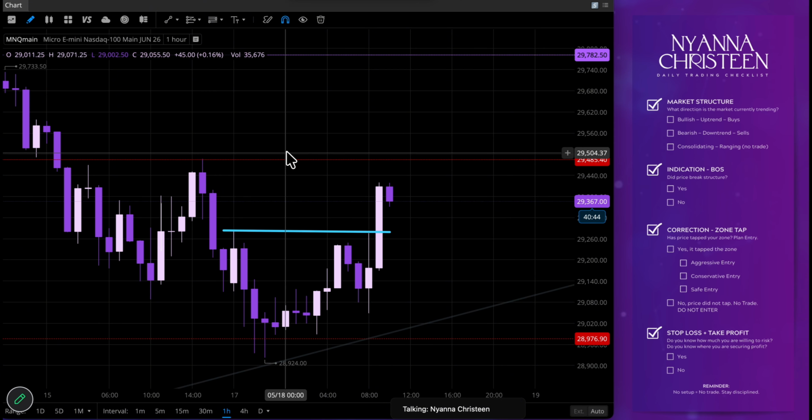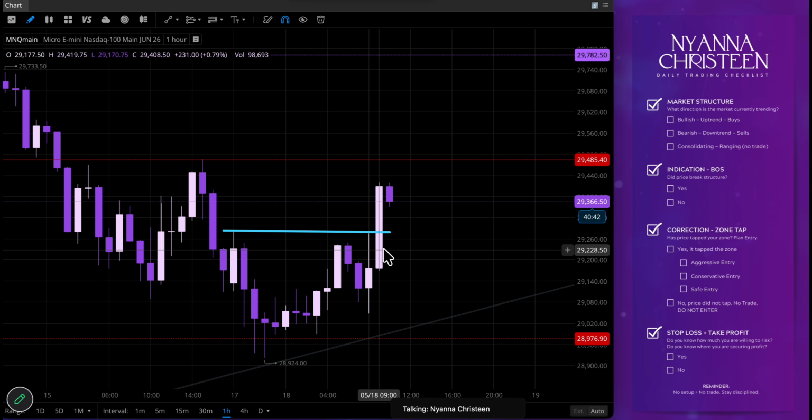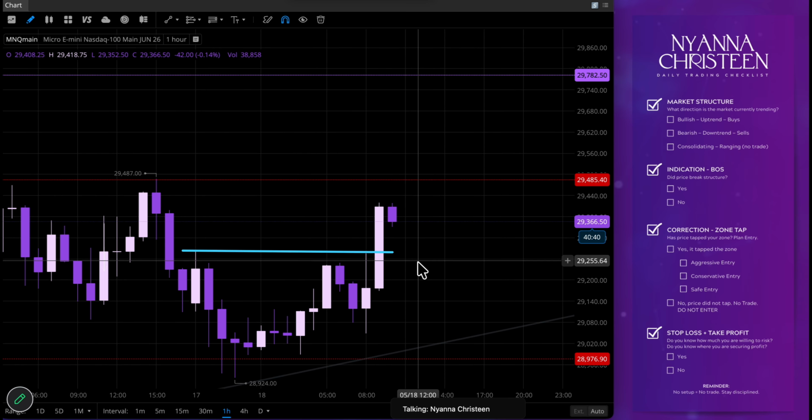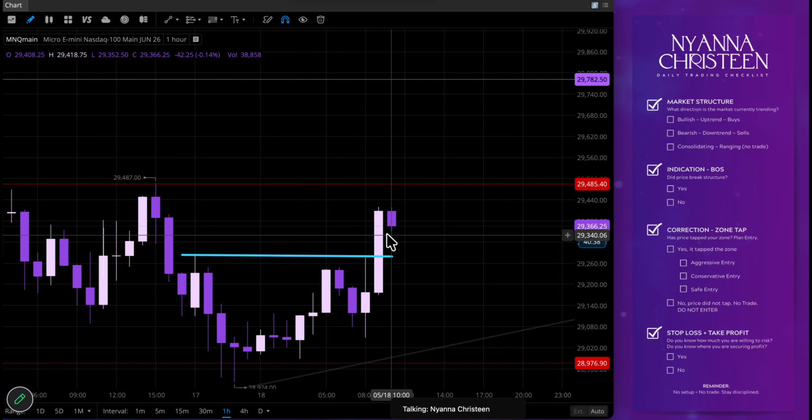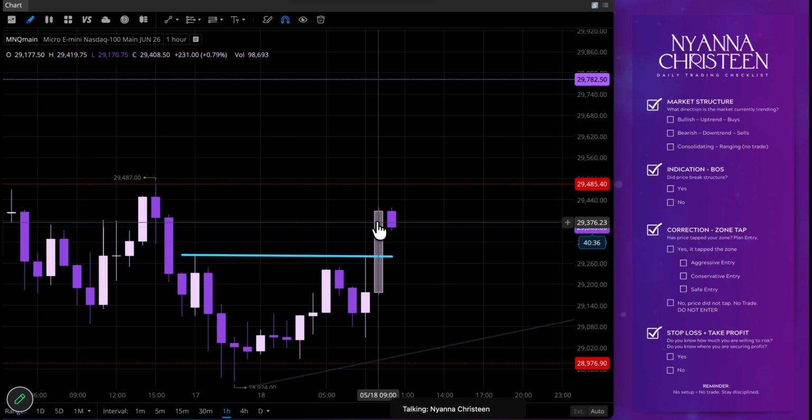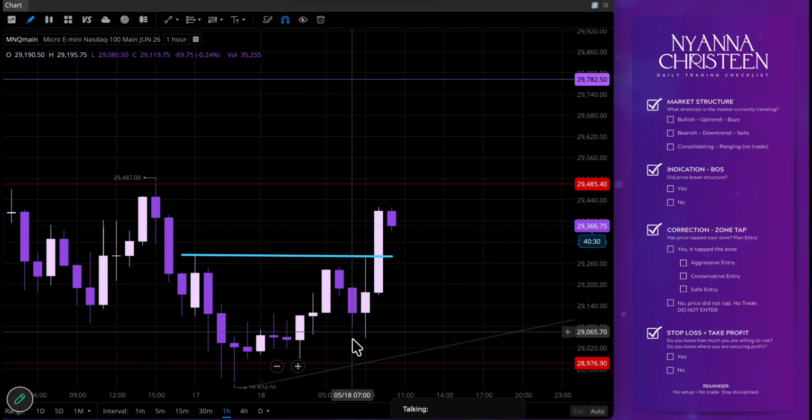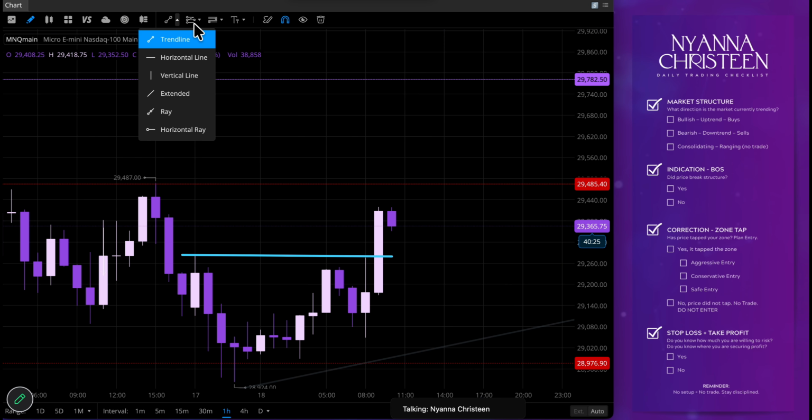But I can keep an eye on this because this does let me know it's a small change of direction. So price came here, broke this high, came out of this zone. Potentially, it could tap into this zone. So I'm going to mark it up as my 1 hour zone.